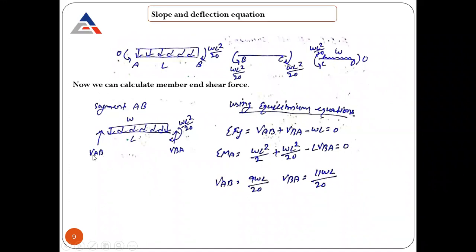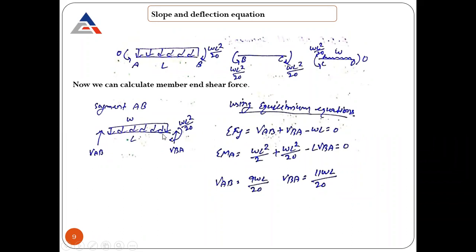So the sum of vertical forces should be equal to 0. VAB upward plus VBA upward minus the UDL. The area of the UDL, the area of the rectangle, is W into L, in the downward direction. Put the minus sign, equal to 0, taking upward as positive.